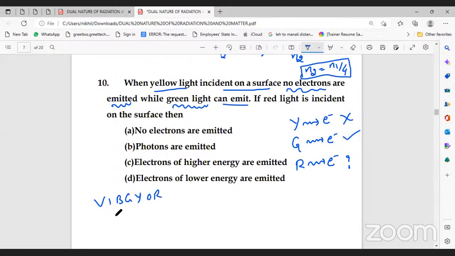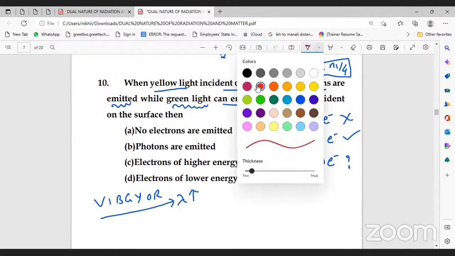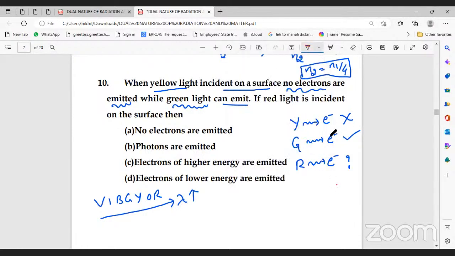In this, the wavelength will be increasing. Now, if I use yellow color, is the electron emitting or what? No, sir, it's not emitting. For green color, it's emitting, sir.